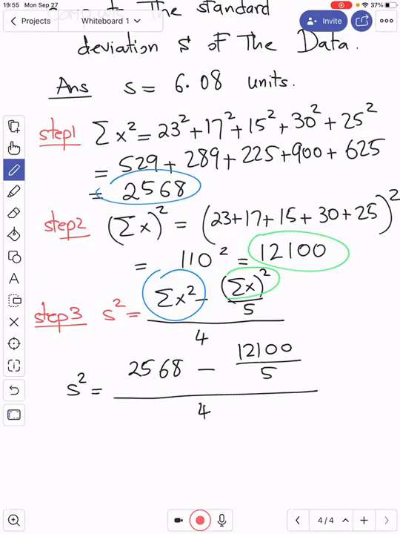So the first thing to do, guys, is to divide this 12,100 by 5.